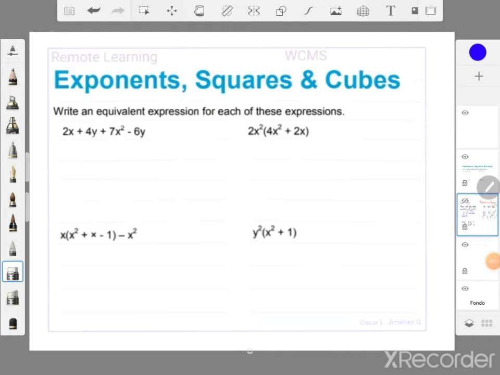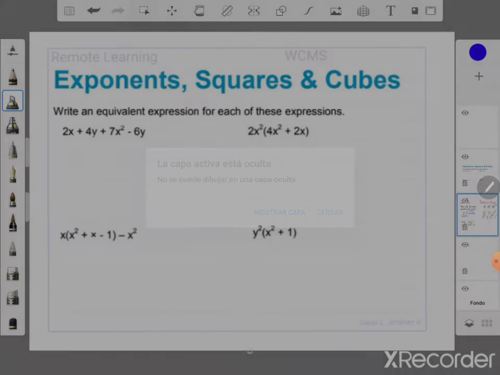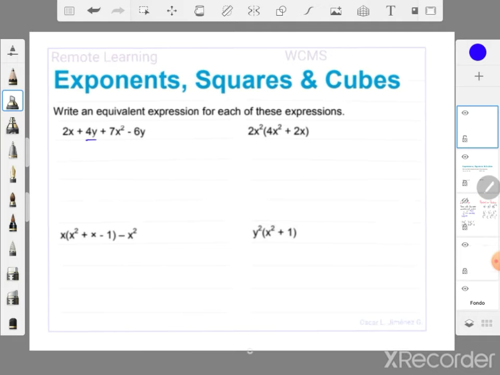Now we are going to try to solve these situations right here. We need to write equivalent expressions for each of these expressions. I'm going to try to show you this very fast. Look, we need to remember the like terms situation. If you identify, we have just two like terms right here, 4y and 6y.